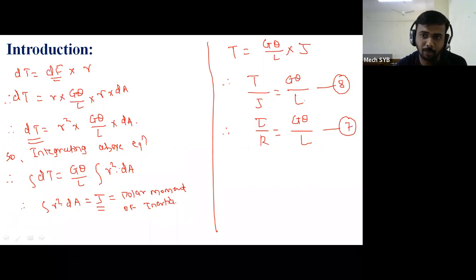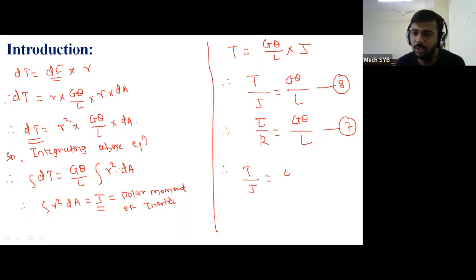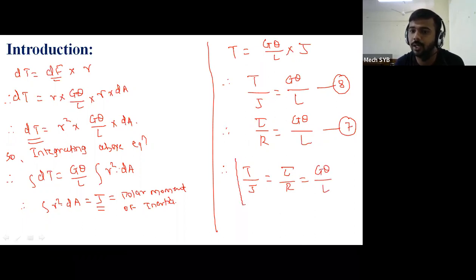G theta by L is present in equation number 8 and also in equation number 7. Comparing both equations, I can say that T upon J is equal to tau upon R is equal to G theta by L. And this is your torsion formula.